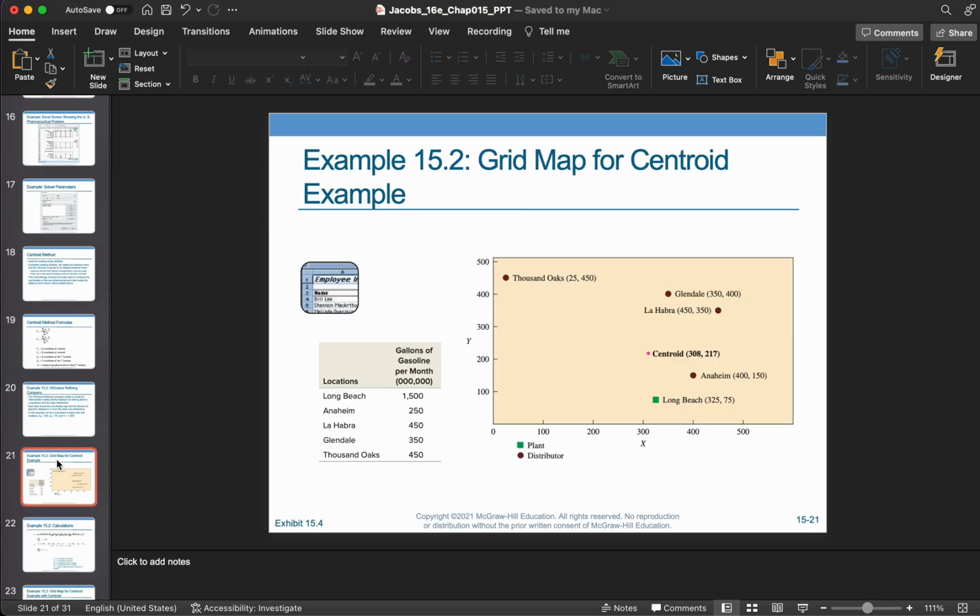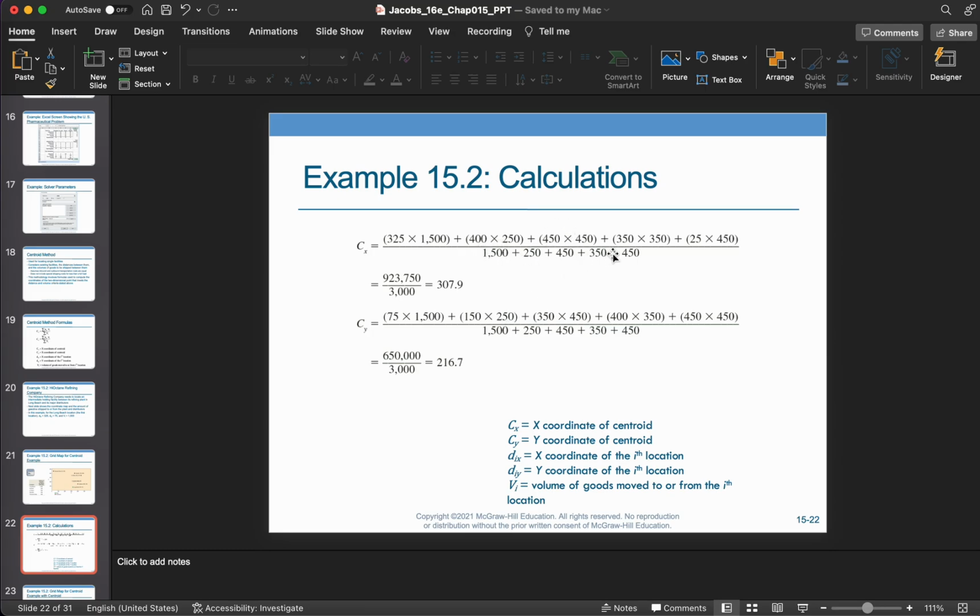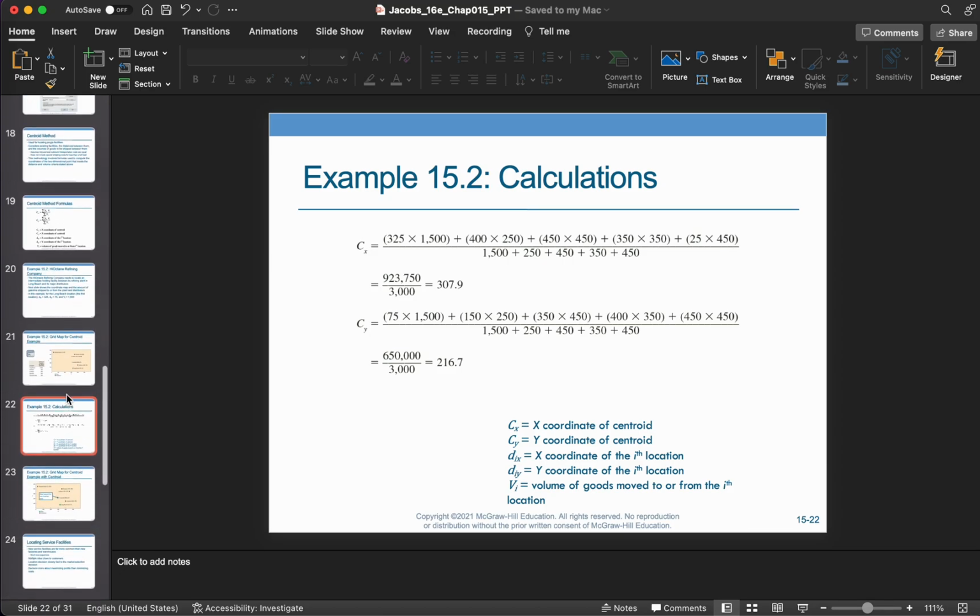So what you do is multiply each x coordinate with its volume, and add them all up. Then you divide by the total volume. That gives you the x coordinate, and the same with the y coordinate. It's very simple calculations, nothing too complicated.